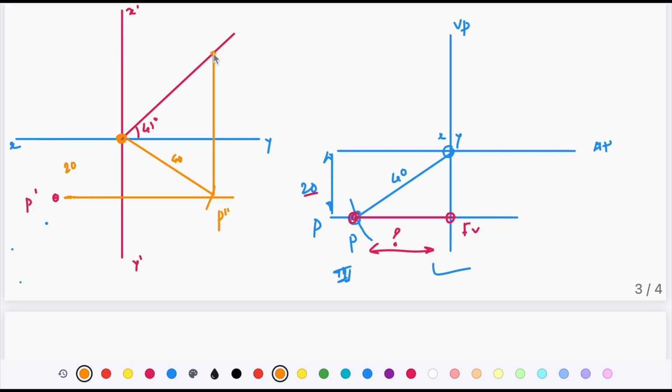Okay, now I'll project this point horizontally, and we already have drawn this vertical projector through P dash, so intersection of those two you will get the top view, and this distance we need to find. This x is going to be distance of the point P from the vertical plane. So this would be the solution.